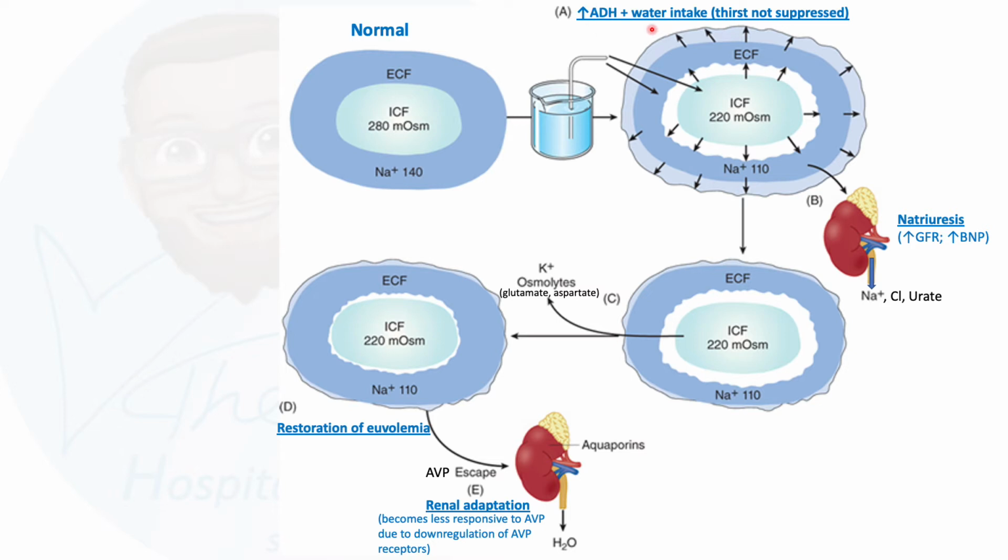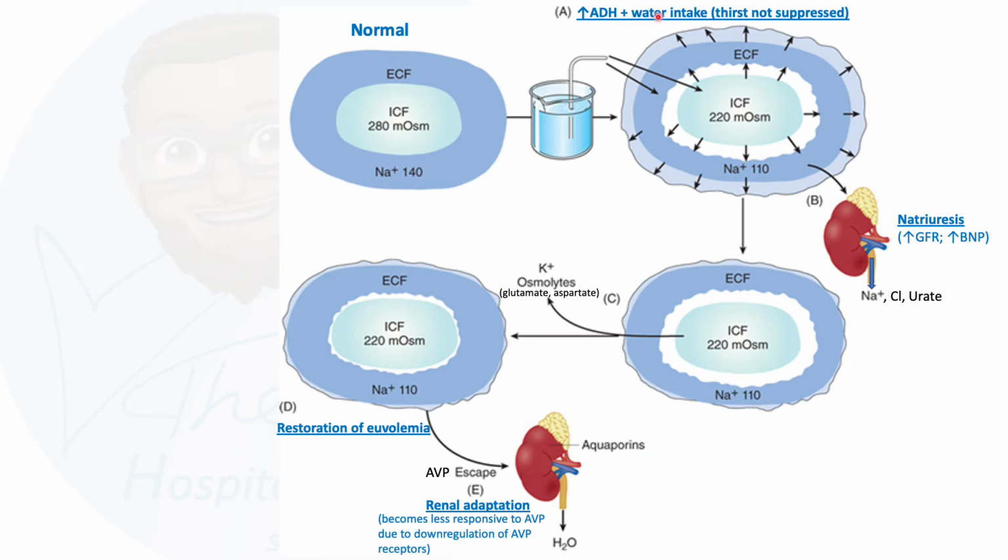Also, somehow most of these patients will have the thirst mechanism not suppressed, meaning despite the high ADH they still have water intake. So there will be water ingestion and the ADH will be high.